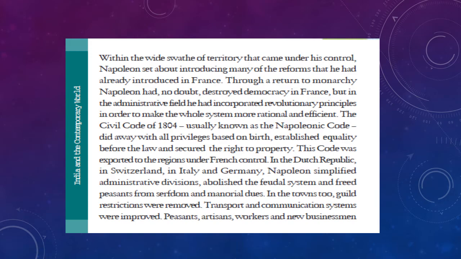So the guild system was changed and guild restrictions were removed from towns. Transportation and communication systems were improved. Peasants, that is farmers, then artisans, that is skilled laborers, then workers, new businessmen, etc. enjoyed a new type of freedom that didn't exist till that time.